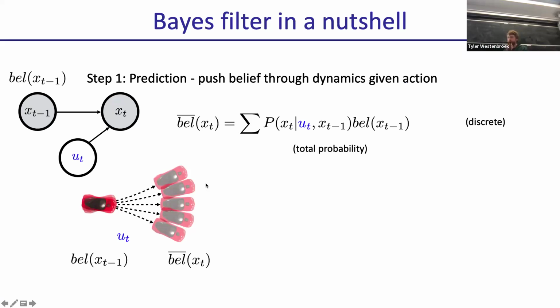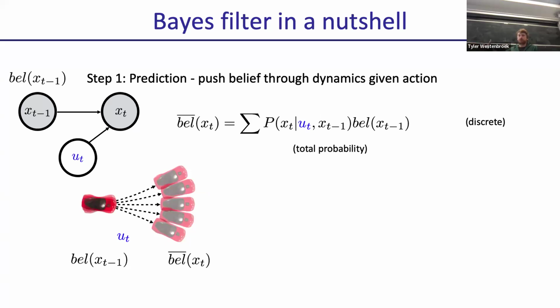And then what we're going to do is, because we're using the Markov assumption, we're assuming that all of the information about our past observations is captured in this distribution of beliefs at time t minus 1. So then I'm going to use the law of total probability to predict the distribution of where my cars should be in the future, given the action u_t that I took and my prior distribution.